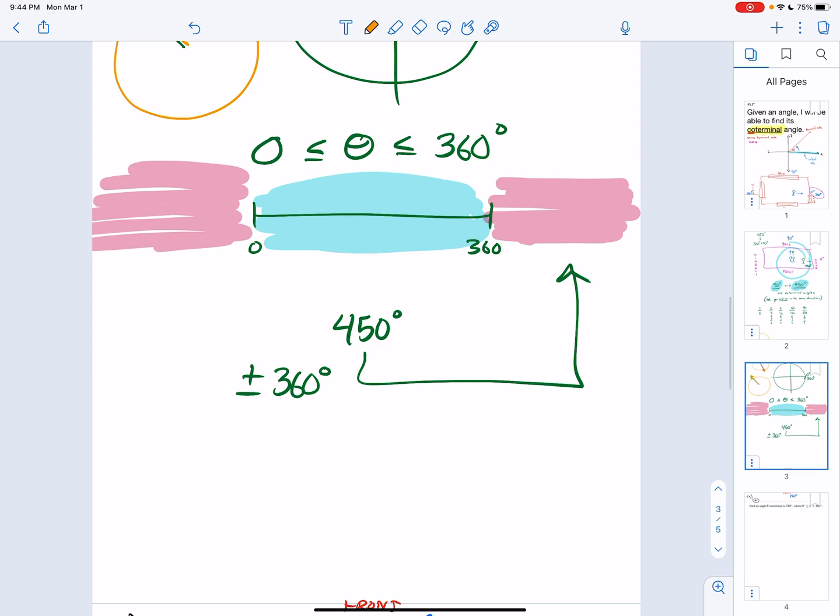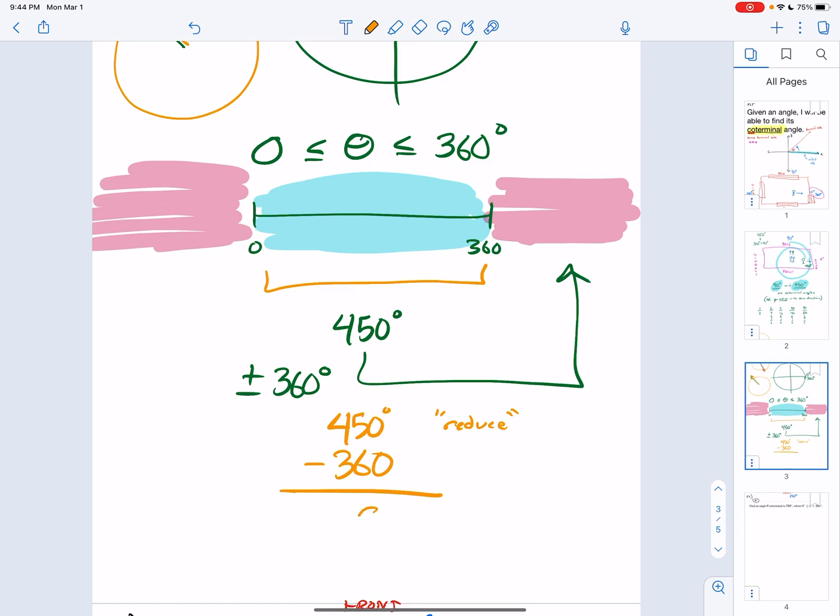So what we're going to do here is reduce this angle until it's something that we recognize. There's no point in adding 360 because that just makes the angle larger, right? We want to make sure that the angle is somewhere in between 0 and 360. So if it's too large, we're going to subtract 360.